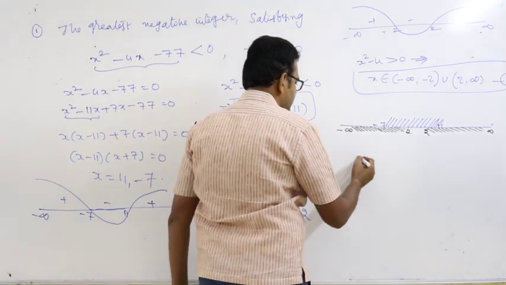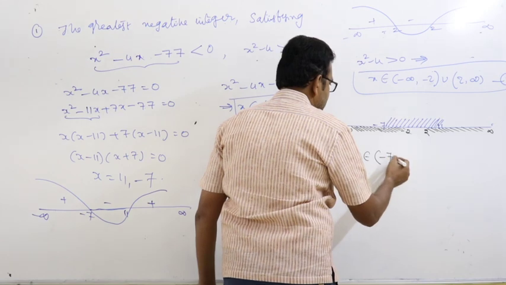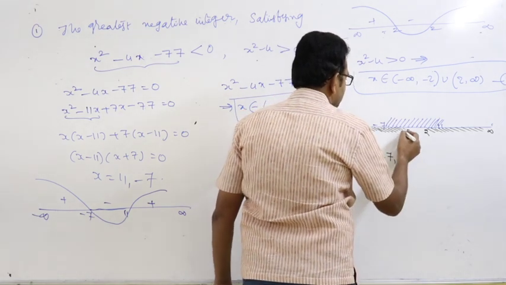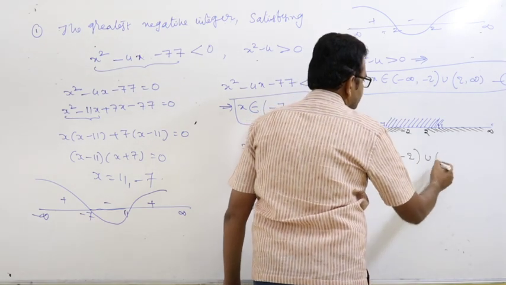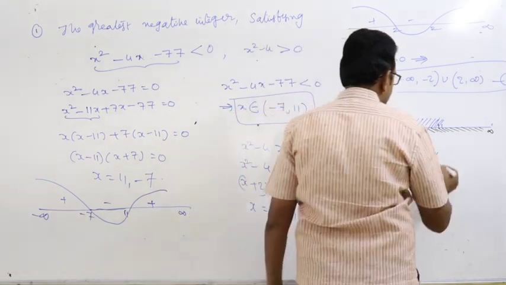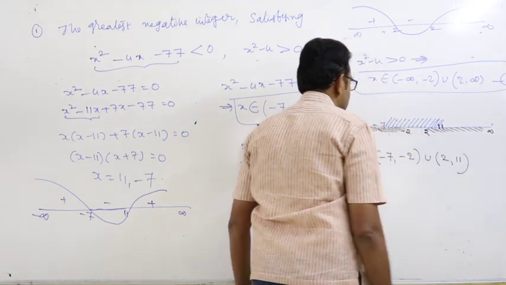Therefore, the common part is x belongs to minus 7 comma minus 2 union 2 comma 11.